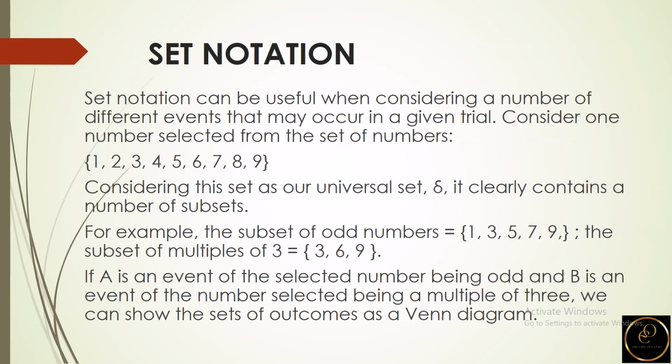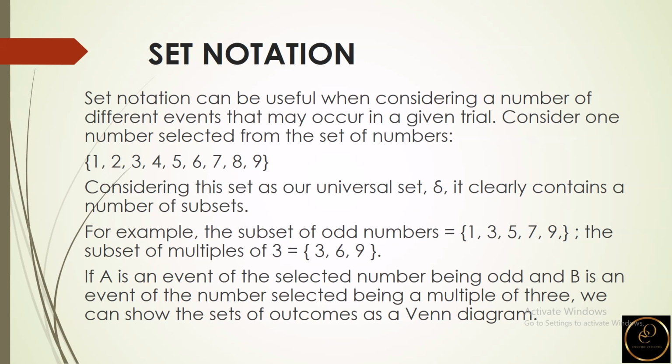For instance, if we consider one number selected from a set of numbers 1 through to 9, considering this set as a universal set, it clearly contains a number of subsets which you can draw from it. For instance, the subset of odd numbers. So you go to the universal set in this case, which has 1, 2, 3, 4, 5, 6, 7, 8, 9, and you identify those which are odd numbers.